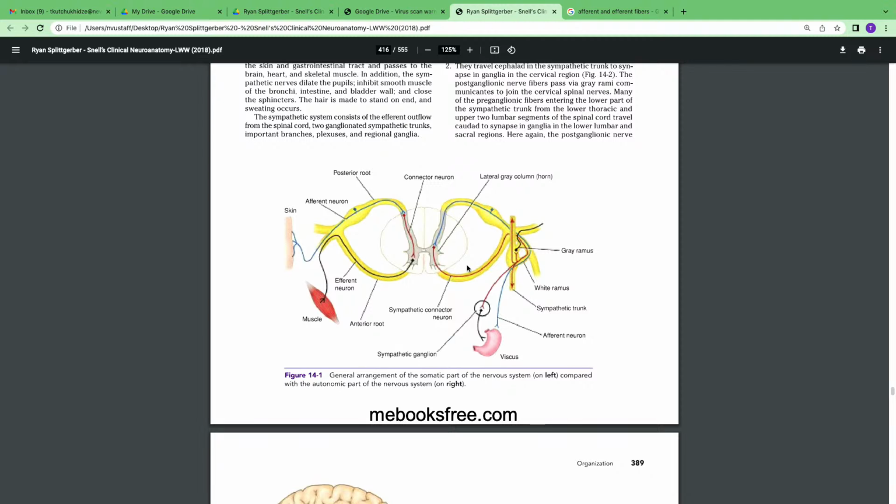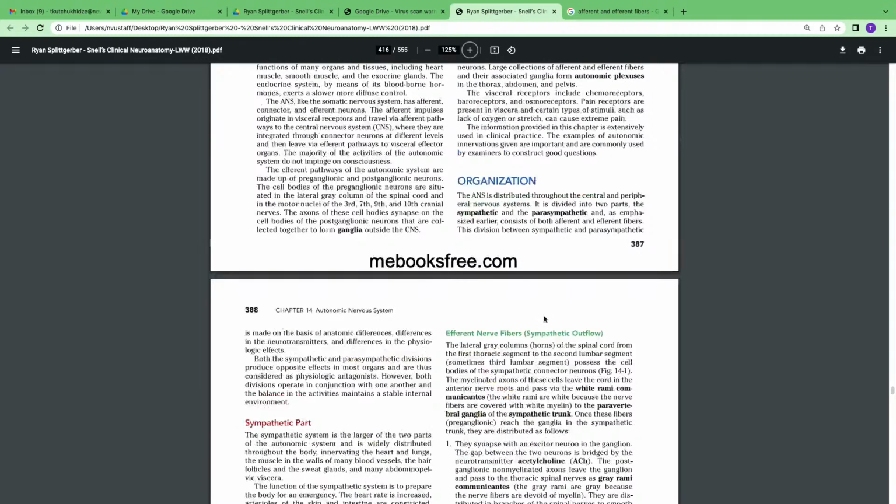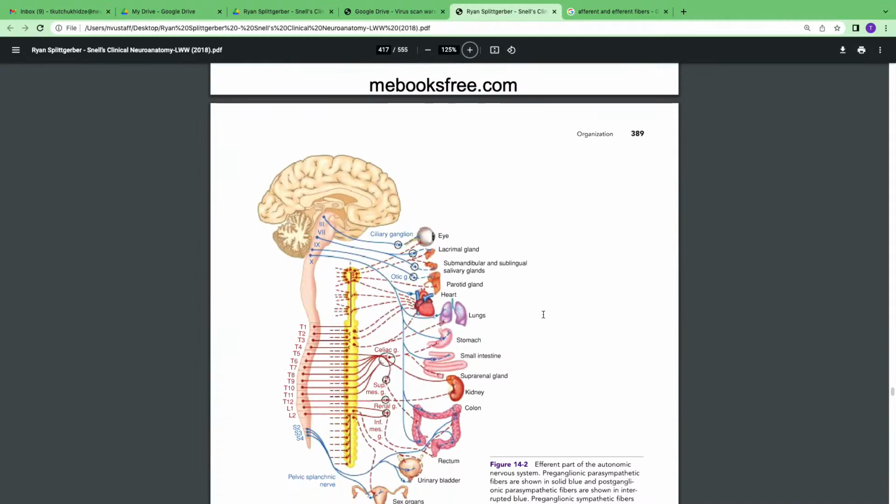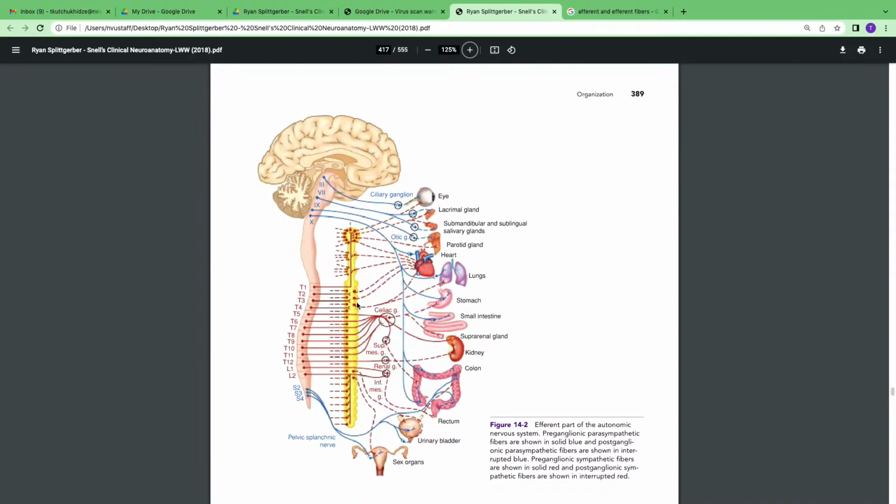To talk about the sympathetic trunk, this was the sympathetic trunk, right? Sympathetic trunks are two convoluted trunks, as you see, and they extend the whole length of our vertebral column.